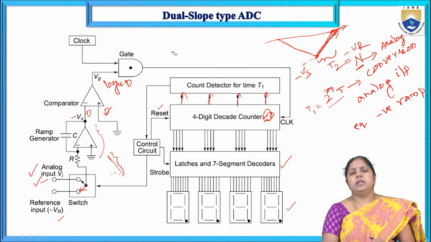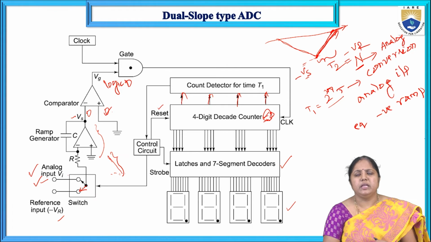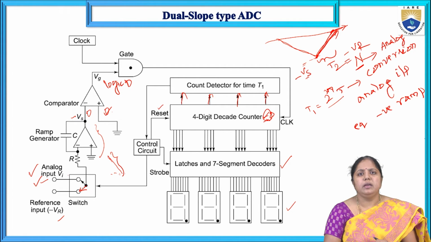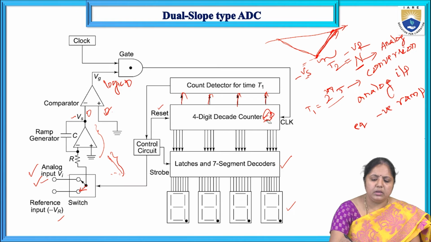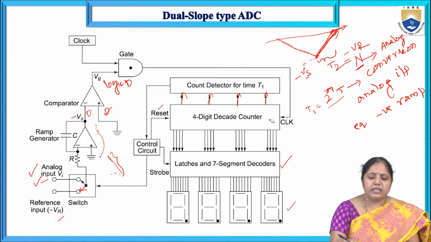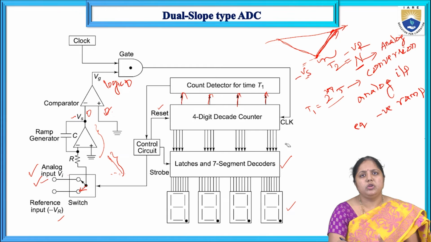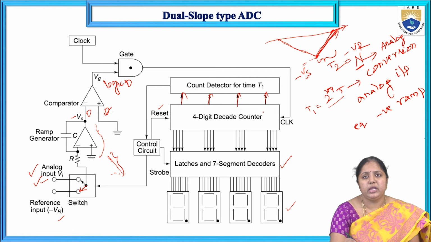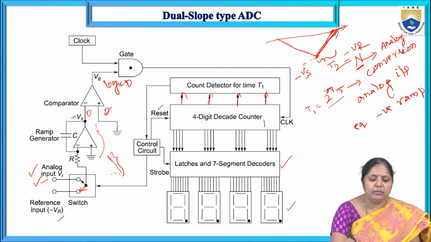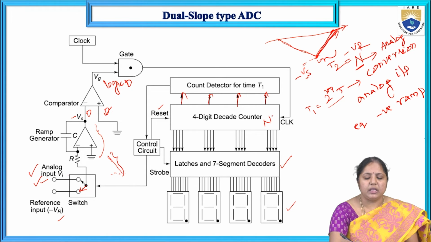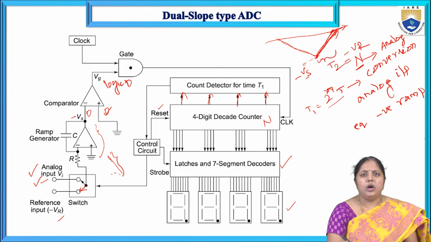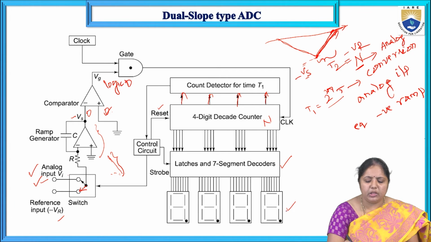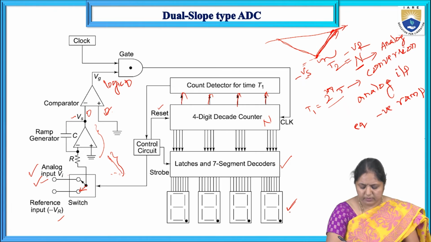At that time, the gate does not allow the signals to pass, so the counter also won't get clock cycles, and it understands that the conversion of analog to the equivalent digital form is over. The time duration of n cycles is the equivalent binary output value, which will be displayed by the 7-segment decoder.